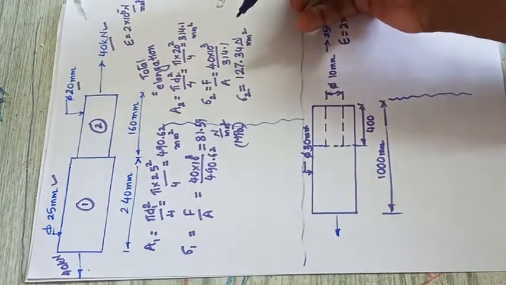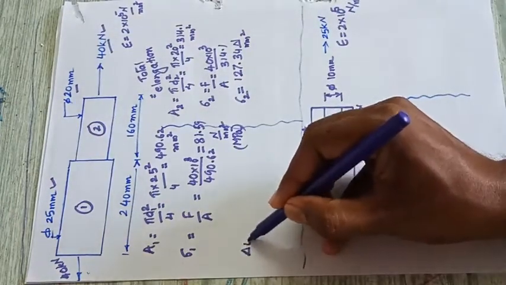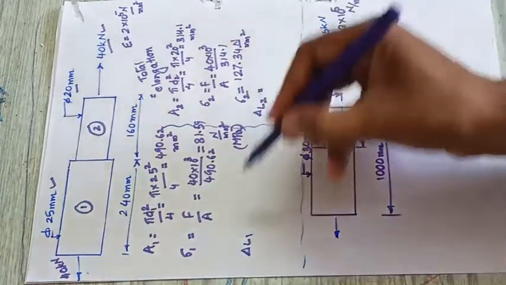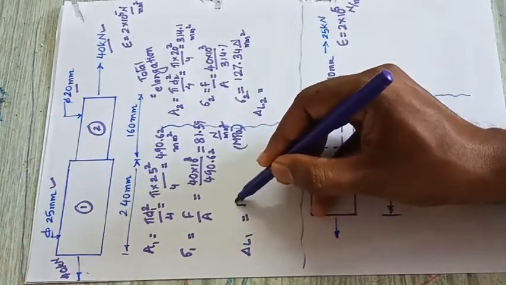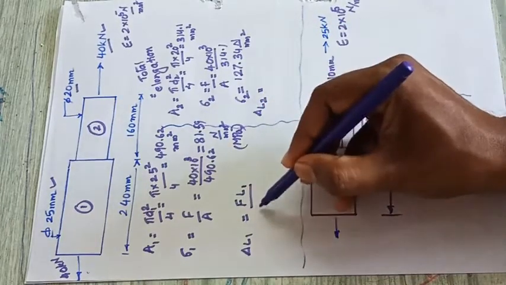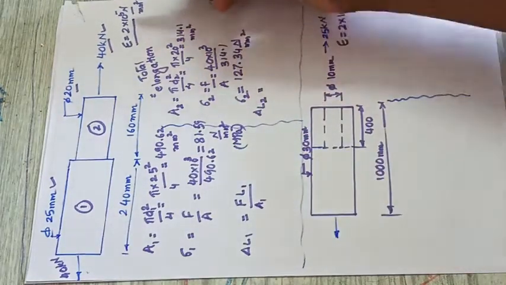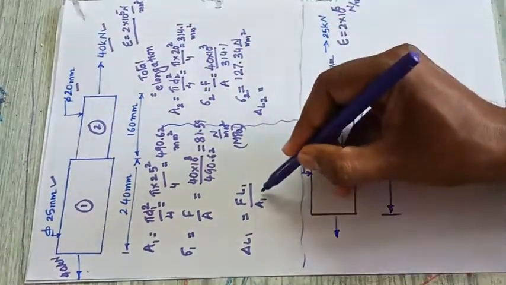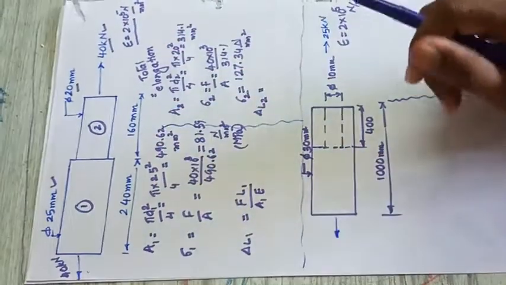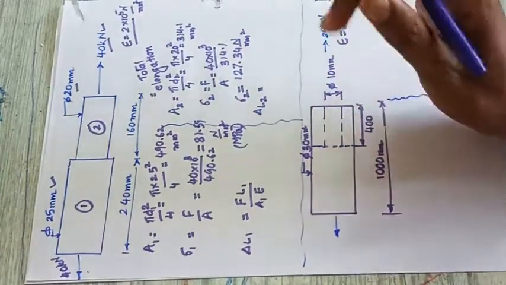Next we will find the elongation, delta L1 as well as delta L2. So delta L1 I will write as force, as it is the same, times length L1, divided by area A1 and Young's modulus. We assume that it is steel and the value is 2 into 10 raised to 5, that is E. Both portions are made of the same material, so we will define this generally as E, and not take E1 and E2.